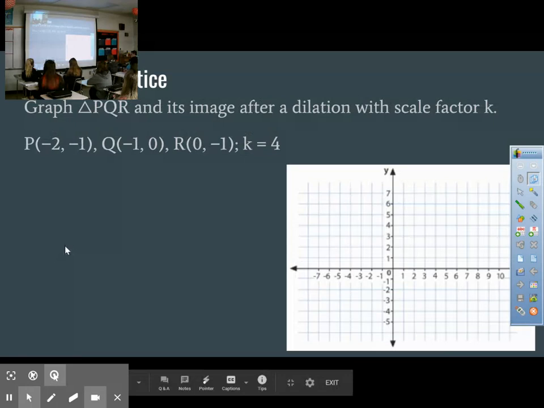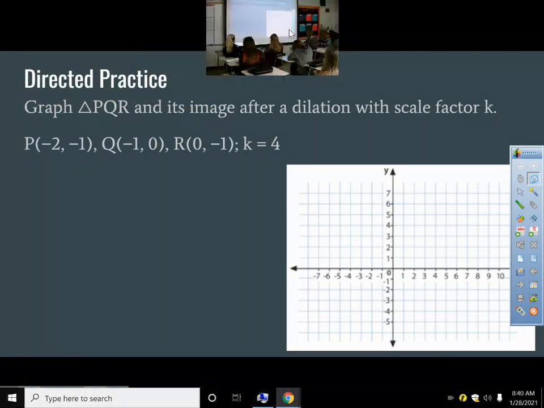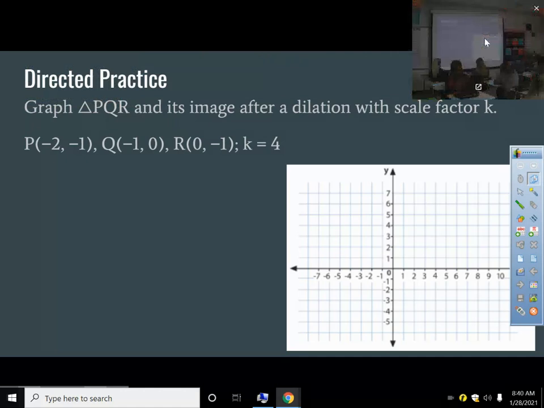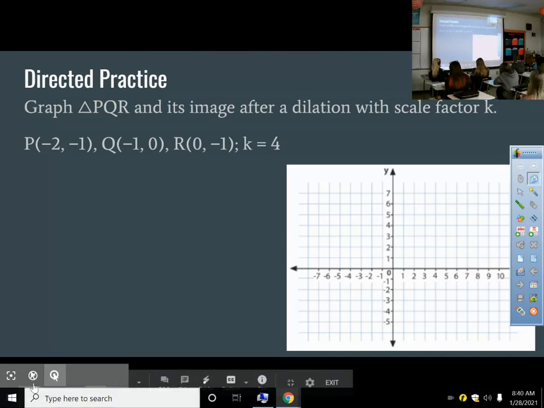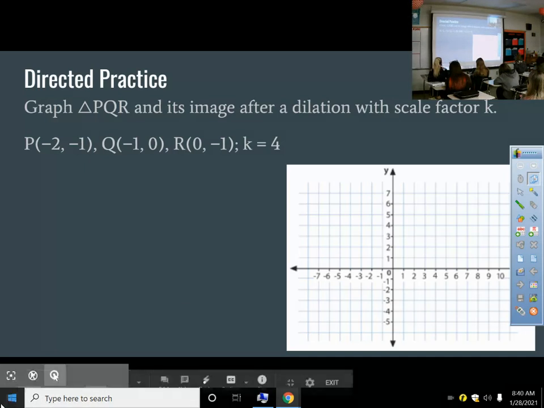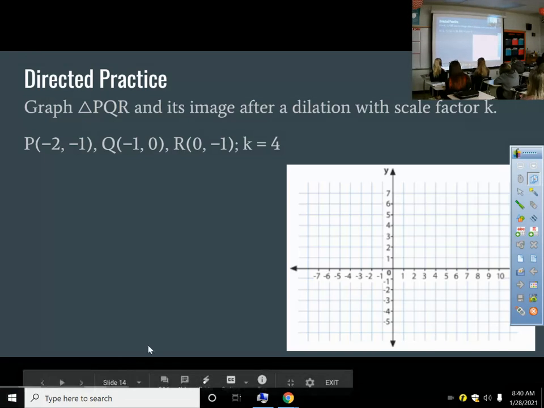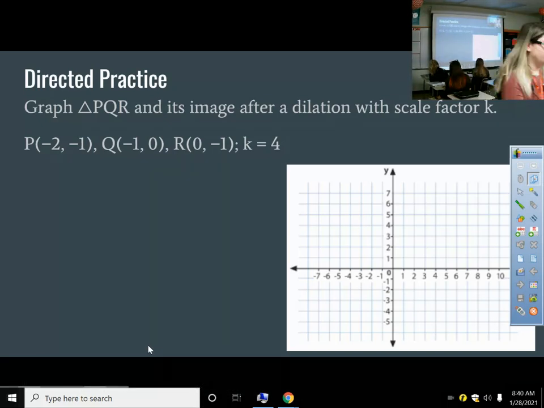All right, here's the next one. Graph triangle PQR and its image after a dilation with a scale factor k. Notice that k is 4. So you first want to start off by graphing the original.